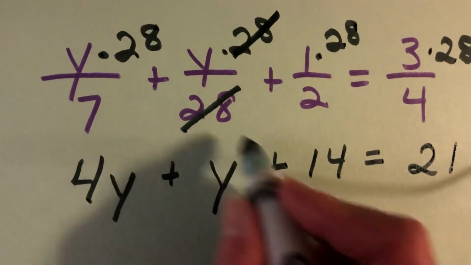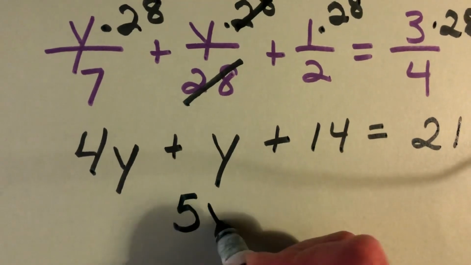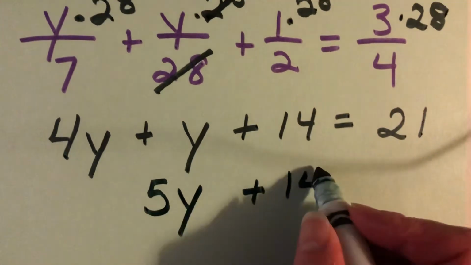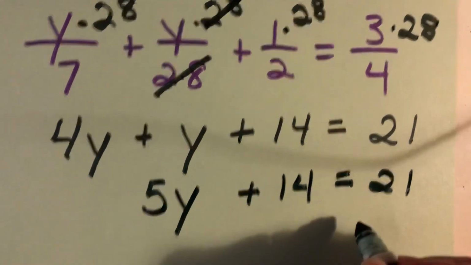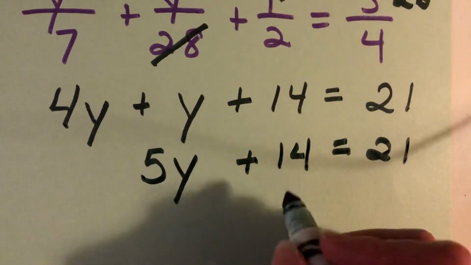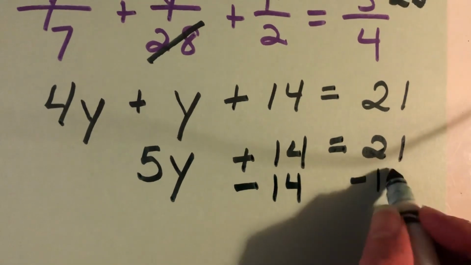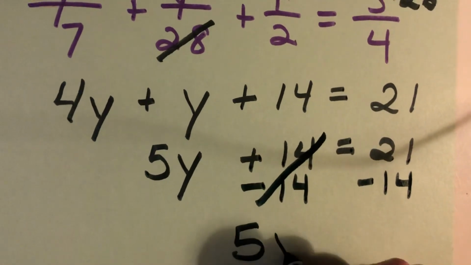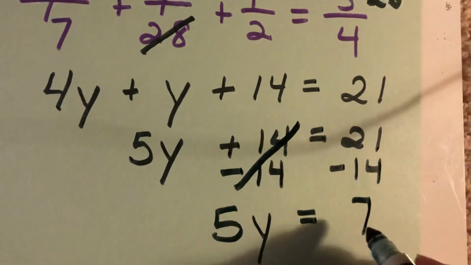Collect your like terms, so 4y plus another y is a total of 5y plus 14 equals 21. Then I have to get all my numbers onto this side because my variable is here. So I'm going to minus the 14, like this. 5y is equal to 7. 21 minus 14 is 7.